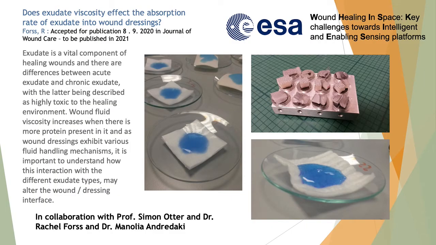This work is linked to the experimental activities of Simon and Rachel, and again Manolia, about the exudate absorption and the viscosity effect. This is very interesting in order to understand which is the best dressing, for example, for the exudate.